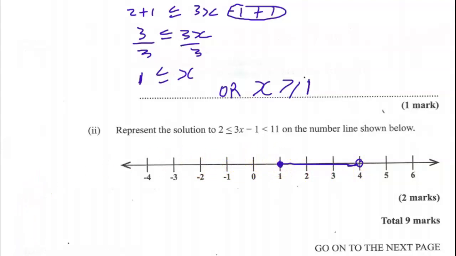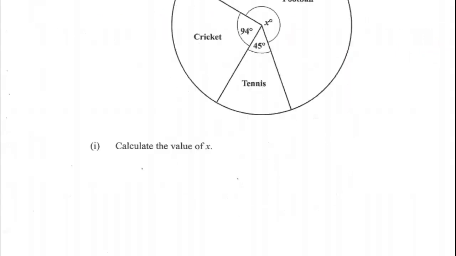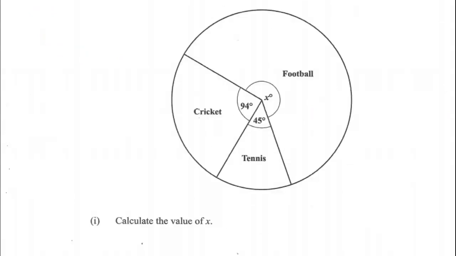So let's move on. So students in a group were asked to name their favorite sport. Their responses are shown on the pie chart below. And then we're asked to find the value of x, first step. X degrees represent those for football, those who like football.